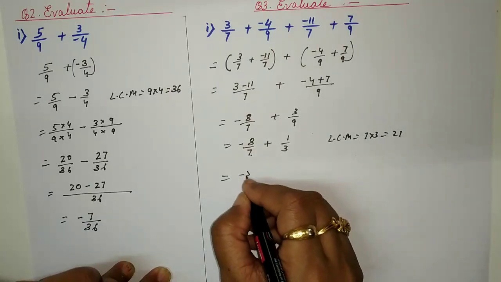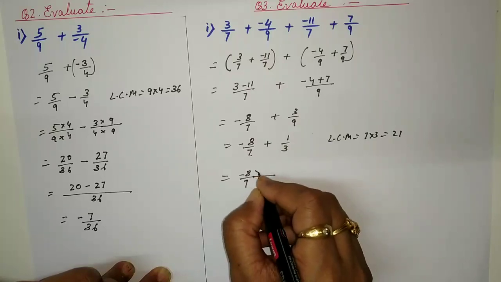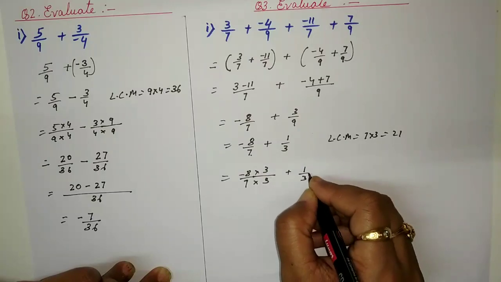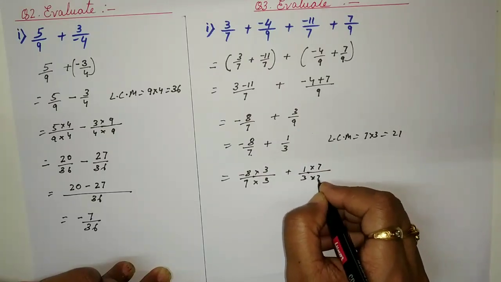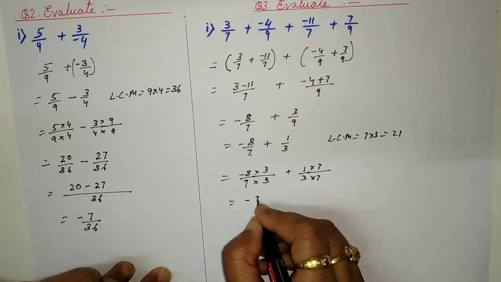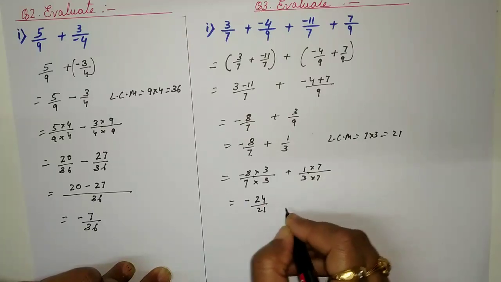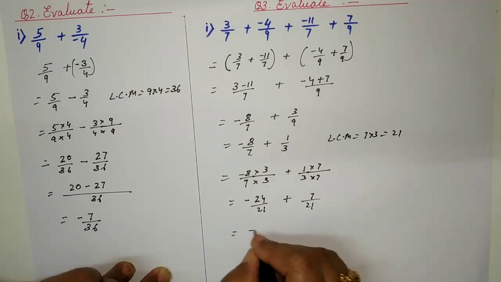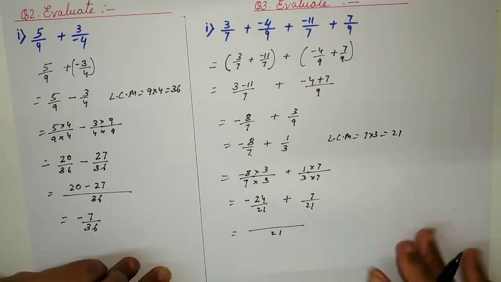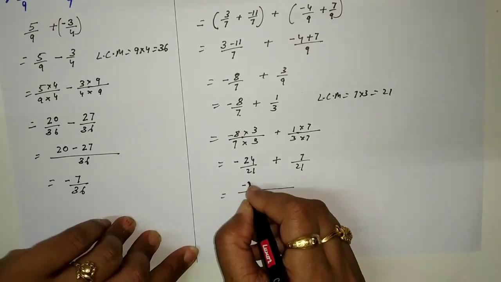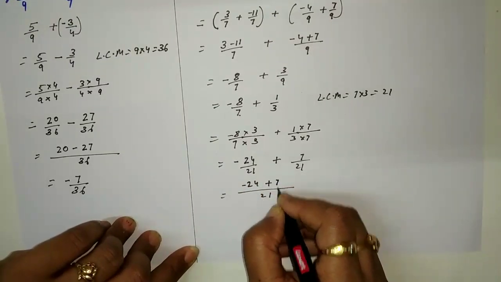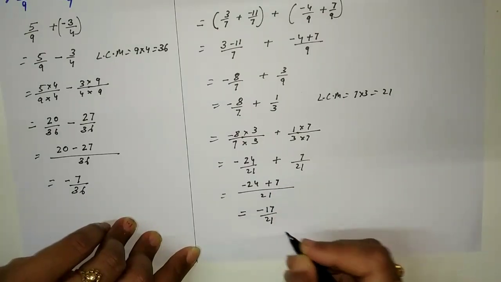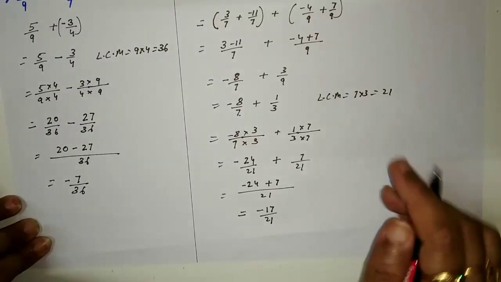Now minus 8 by 7, equivalent fraction into 3, plus 1 by 3 into 7, that is minus 24 by 21 plus 7 by 21, common denominator 21, so it will be minus 24 plus 7 is equal to minus 17 by 21. I revise once again with you.